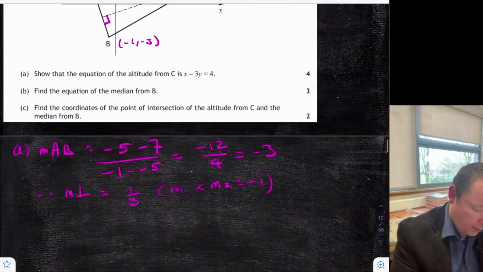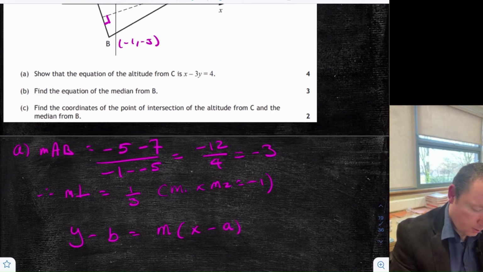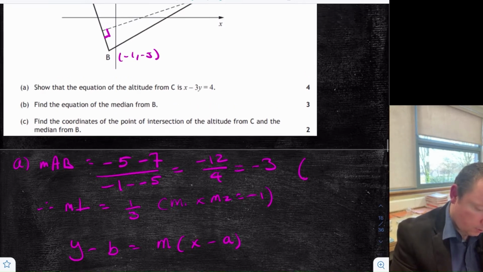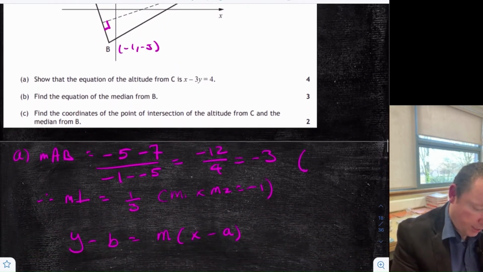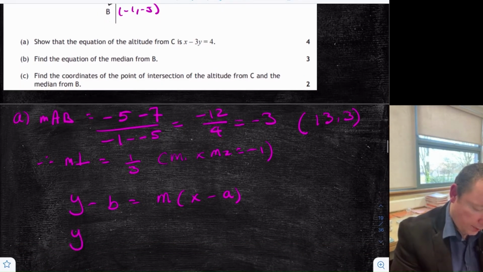And then using y minus b equals m times x minus a. Our point is 13, 3. So we've got y minus 3 is a third of x minus 13.